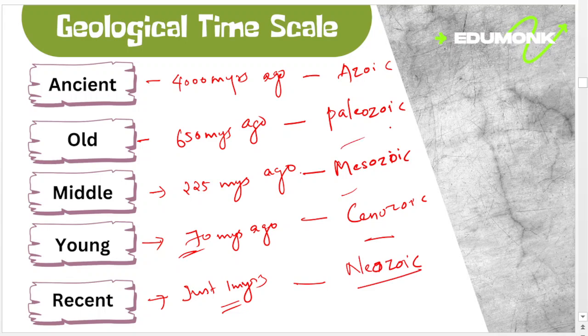Azoic, Paleozoic, Mesozoic, Cenozoic, and Neozoic. So first of all, the ancient feature, the shield, is formed around 4,000 million years ago. So shields on our earth are an Azoic feature or ancient feature because they were formed around 4,000 million years ago. So a shield is an ancient feature.